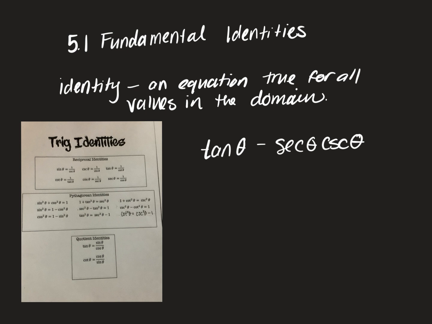The first thing it's asking us to do is simplify this by putting it all in terms of sine and cosine. Eventually, we're technically going to prove that some of these identities are true, not like we did in geometry. Don't panic when I say the word. Everybody freaks out when I say that.